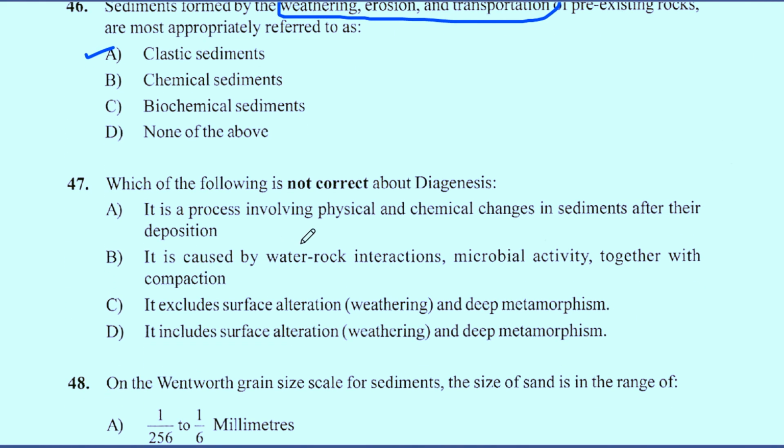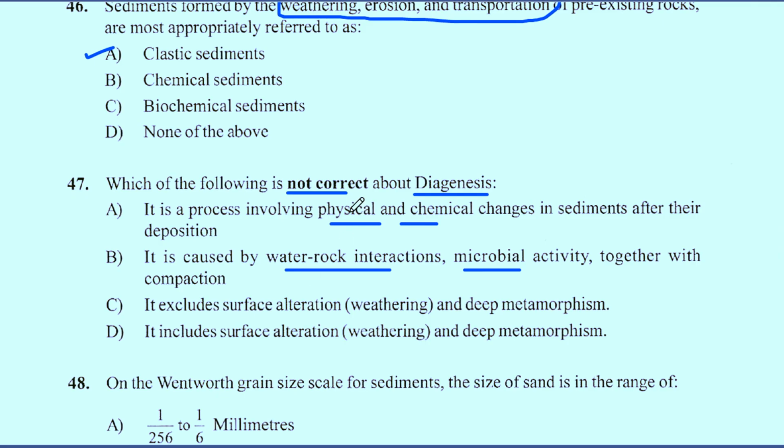Next question is which of the following is not correct about diagenesis? Diagenesis is a process when the sediment has been deposited and after that some changes take place, like compaction. We call that process diagenesis. In that process physical and chemical changes take place, water-rock interaction is also there, and microbial action is also there.